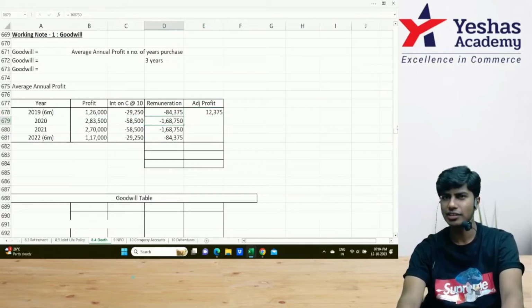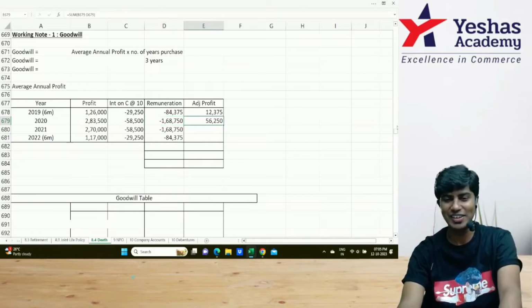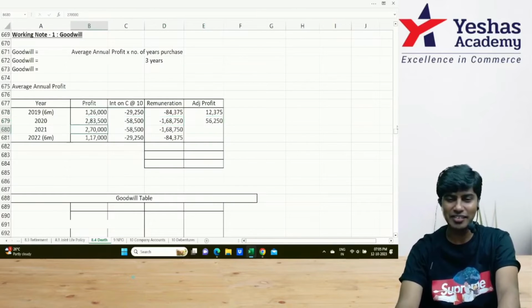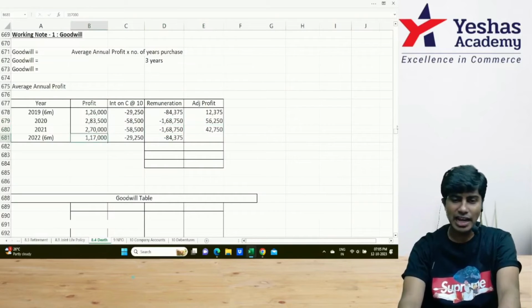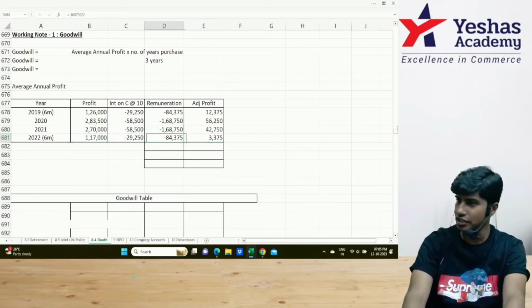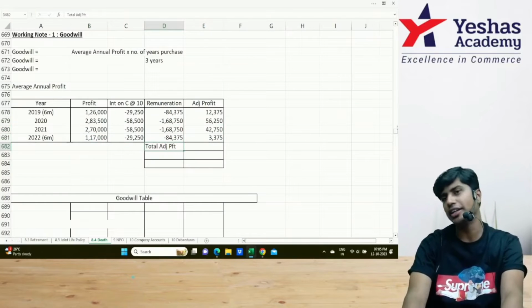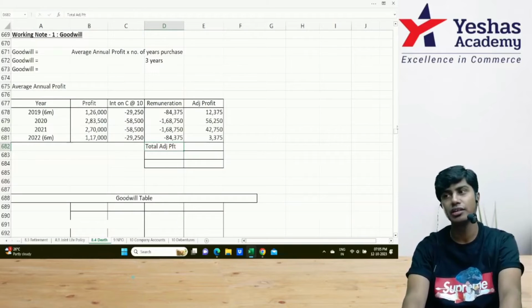Then on the calculator, 2,70,000 minus 58,500 minus 1,68,750. Then 1,17,000 minus 29,250 minus 84,375. We get 3,375. Take the total adjusted profits: 12,375 plus 56,250 plus 42,750 plus 3,375.